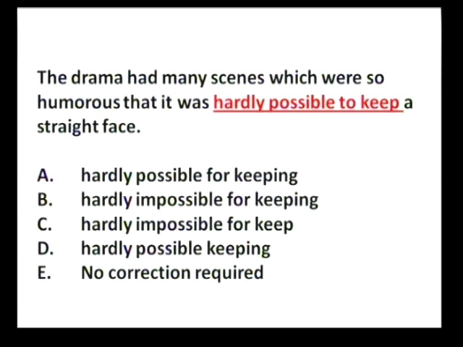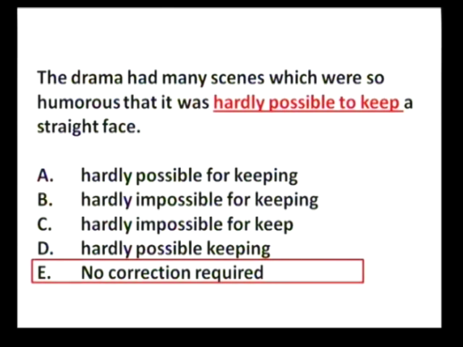It was hardly impossible for keep. It was hardly possible keeping a straight face, and no correction required means the sentence is absolutely correct. The drama had many scenes which were so humorous that it was hardly possible to keep a straight face.